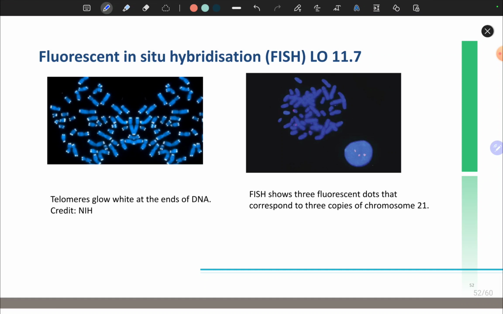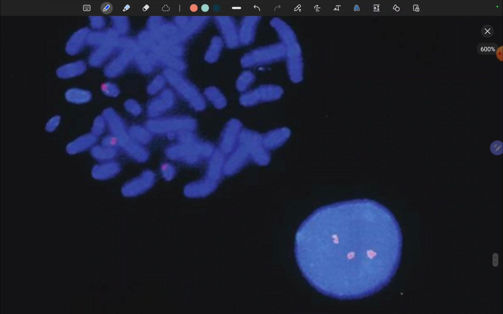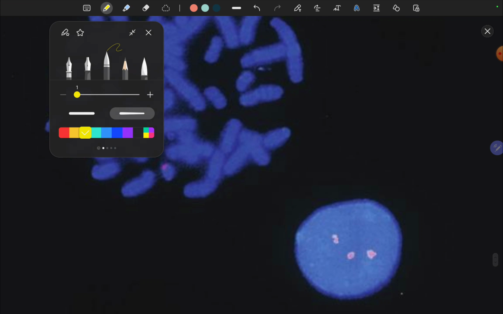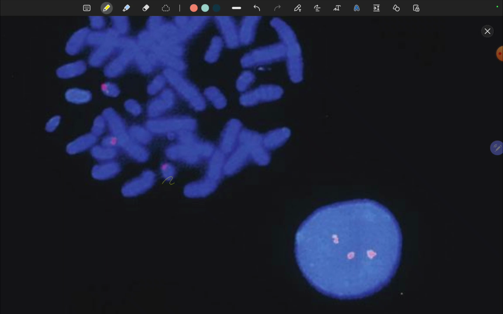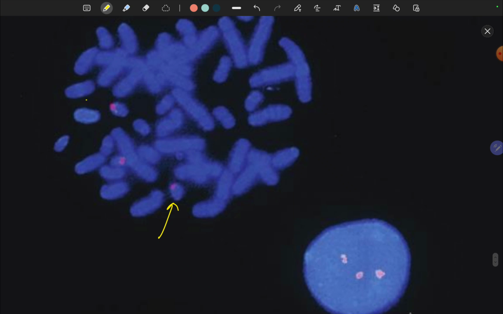This is number 1 chromosome. So 3 dots, each is for chromosome number 21. So this is the usefulness of the FISH technique.